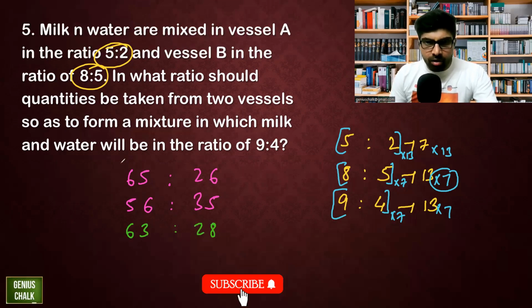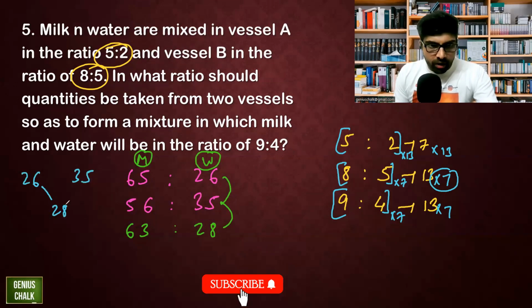So we can take a value which is milk and water. This is your milk, this is your water. This value seems to be simple, so we can take this. This becomes 26, 35, and 28. So how much is this? 7, and this becomes 2. So this is your answer.